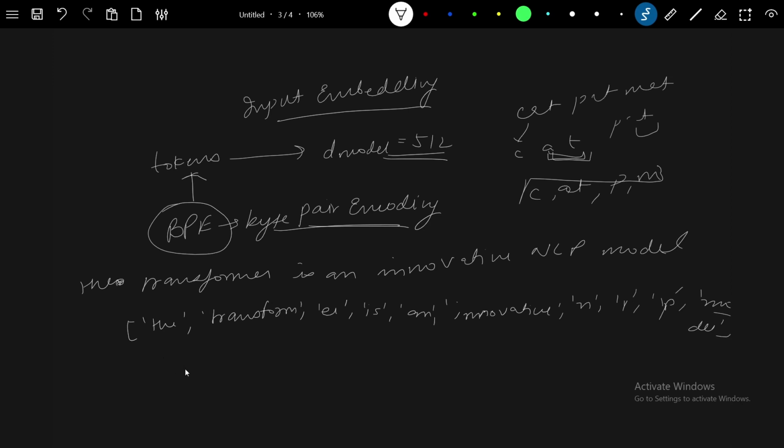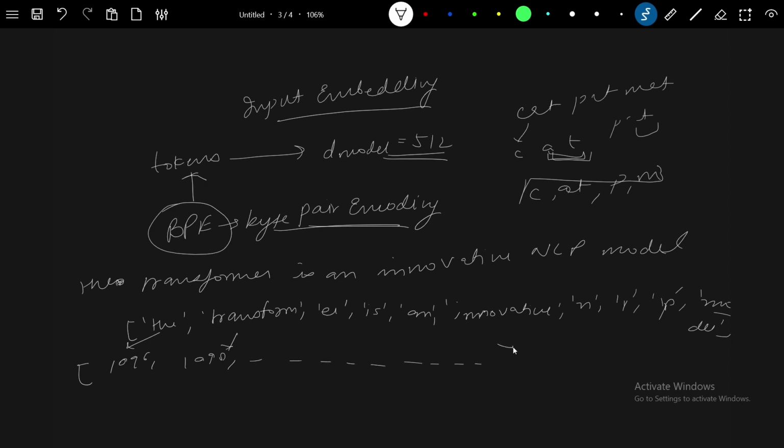But if this is the output of the tokenizer, it couldn't be converted into embeddings directly, right? Because the embedding layer generally takes integer values as input. So the tokenizer will provide you the integer representation of all the words, and the whole sentence will have numbers like 1096, 1098, anything.